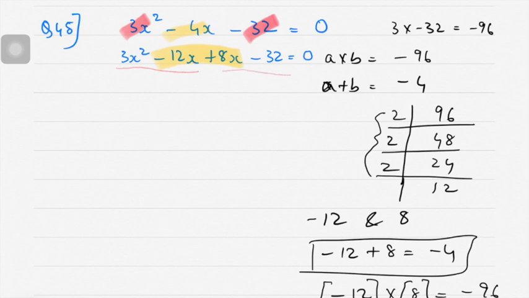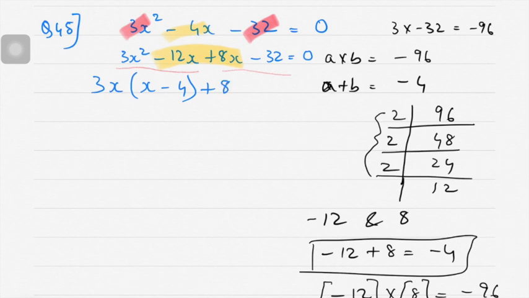Now I will take 3x square minus 12x together and 8x minus 32 together. So let me take the common number. From 3x square minus 12x, 3 is common and x is common. The uncommon one is x minus 4, because 3 into 4 is 12. Correct? So x minus 4.